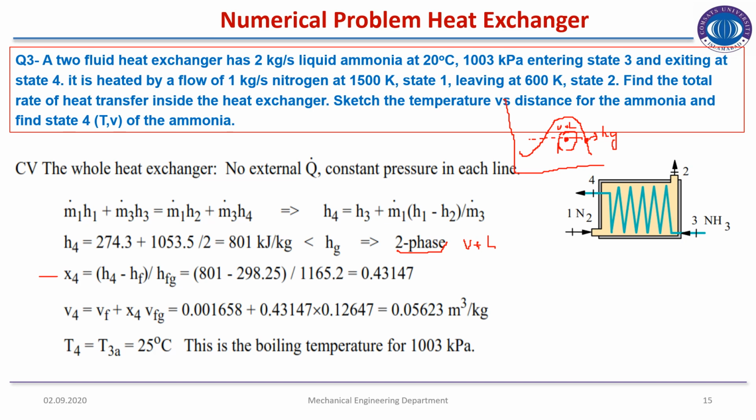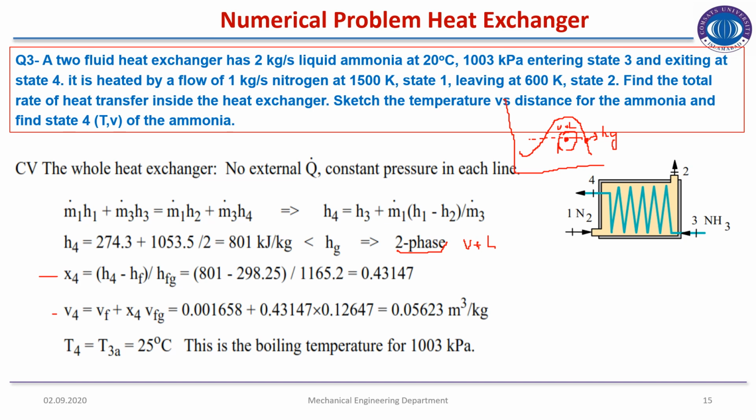That means it contains 43.147% vapor, whereas the other approximately 57% is liquid phase. So in the next step, V4, we will calculate the specific volume at state 4. That comes out to be 0.05623 meter cube per kg.